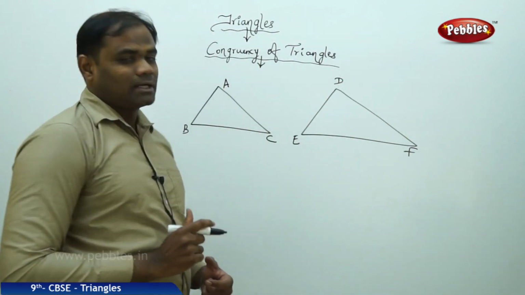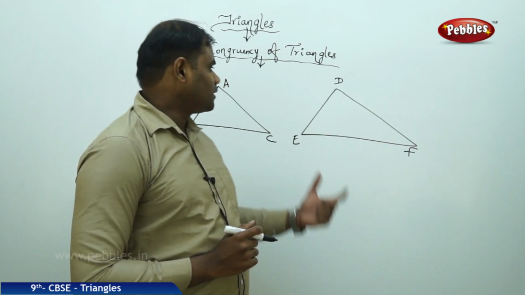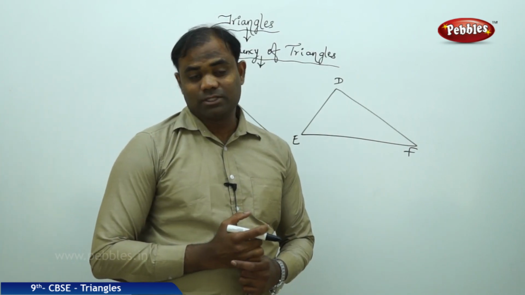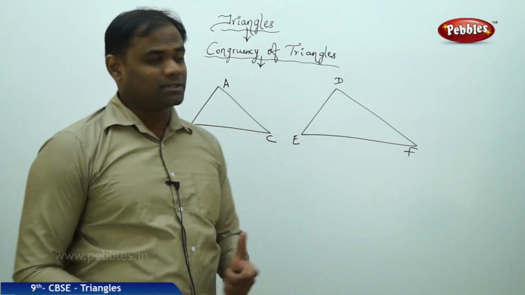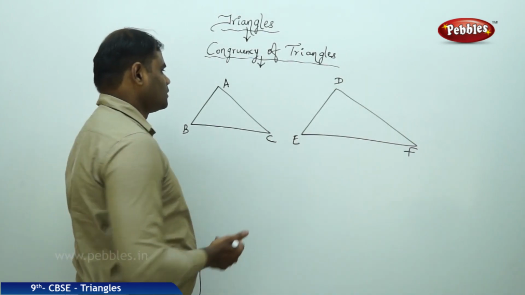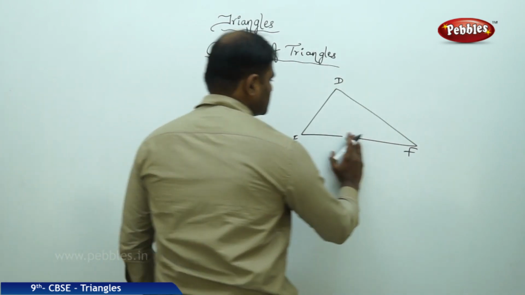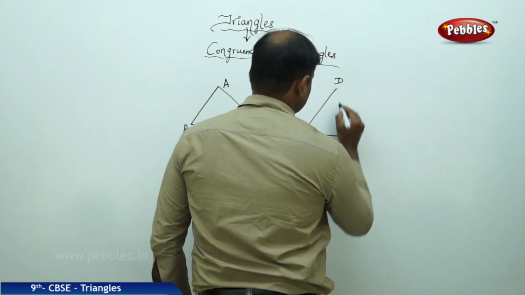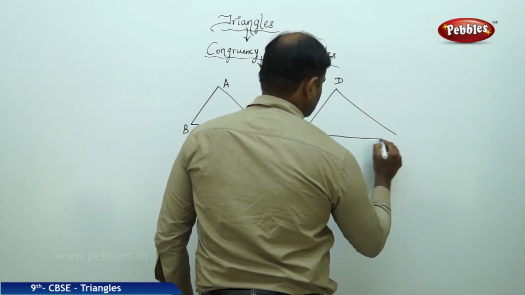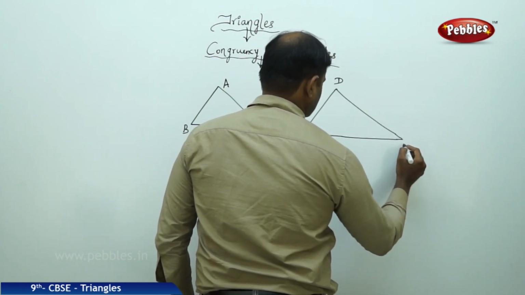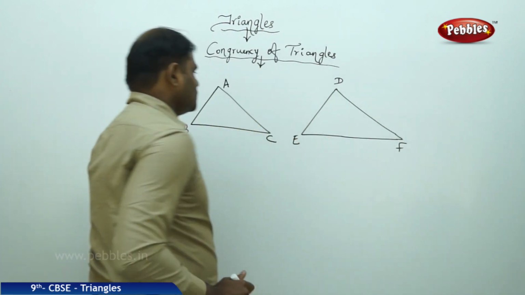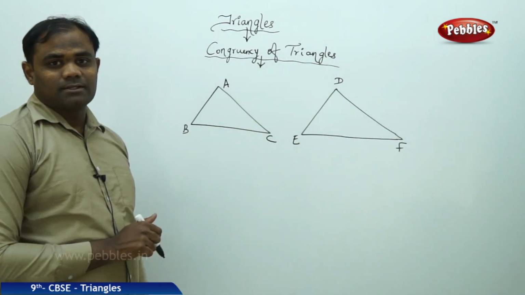The two triangles are said to be congruent if they are equal in all respects, as we defined congruency in the previous session. Triangle ABC and DEF are the two triangles I have considered.